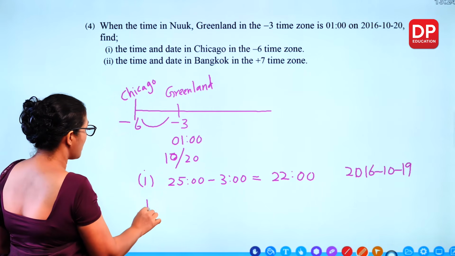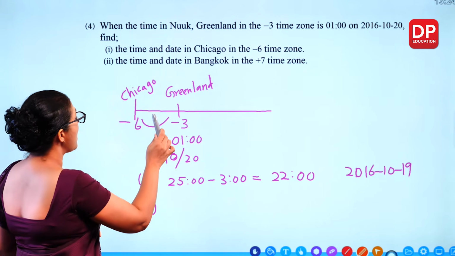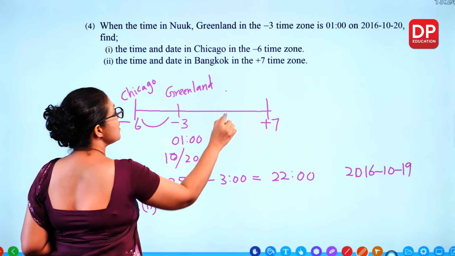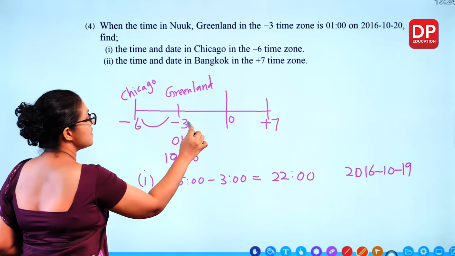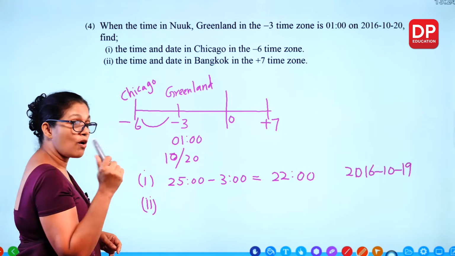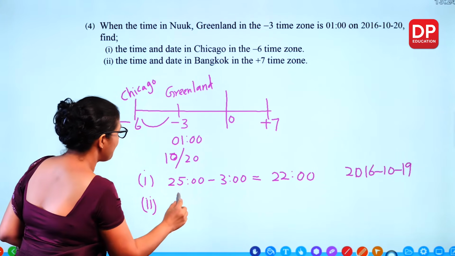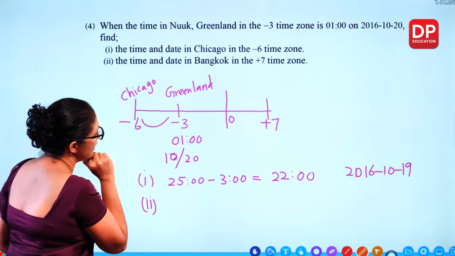So second part, the time and date in Bangkok. Bangkok is +7. So Greenwich is somewhere here. So what's the difference? This is 3 and another 7, altogether 10 hours. So you have to add 10 hours to 1 in the morning.